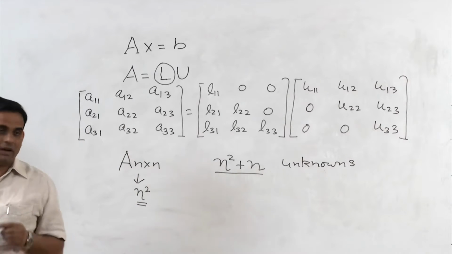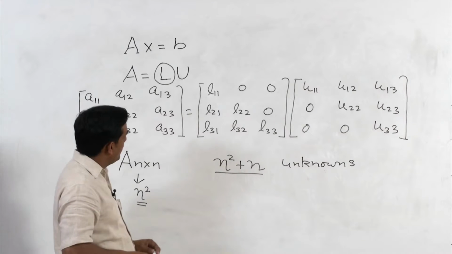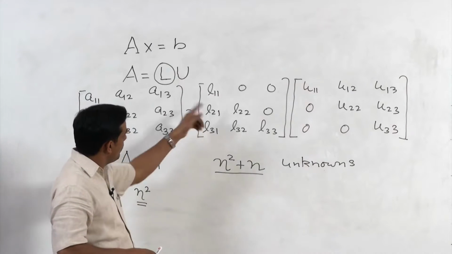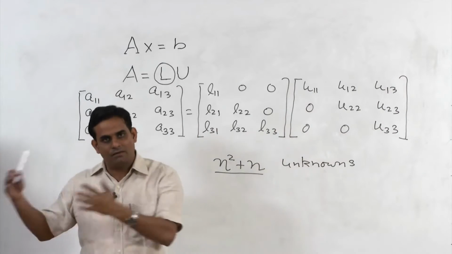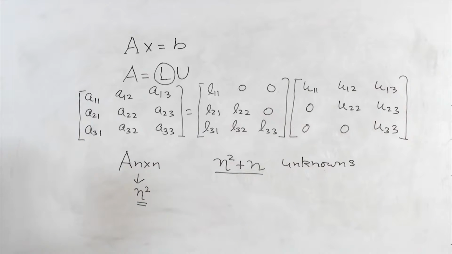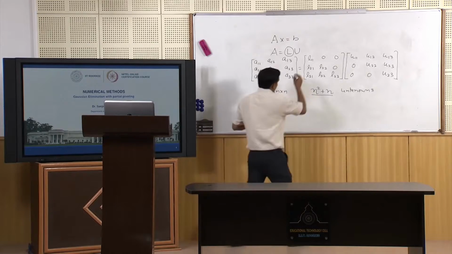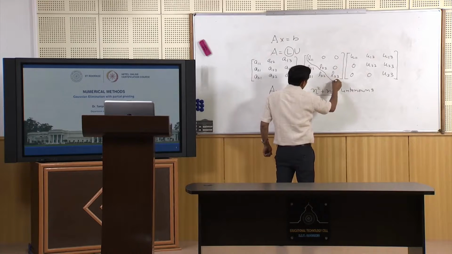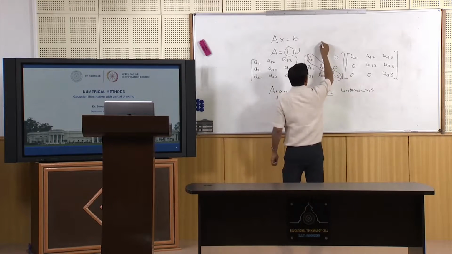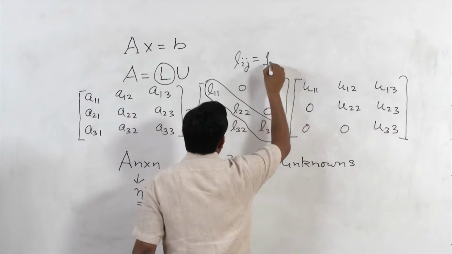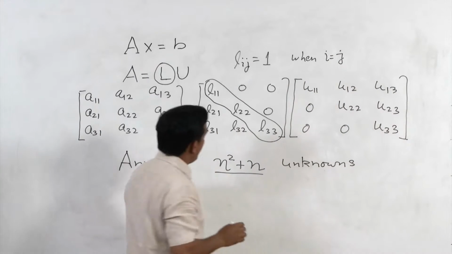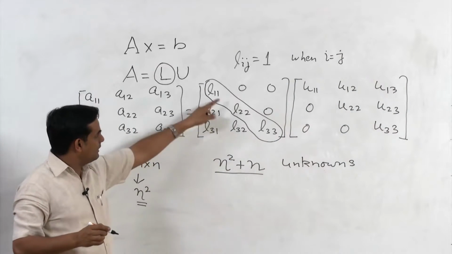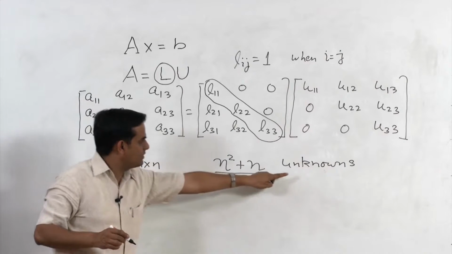So if I write the diagonal entries of either L or U as 1, 1, 1, then the trick will work. Either I will choose these entries as 1, so Lij equals 1 when i equals j. Then n entries become fewer, so n unknowns will be reduced.